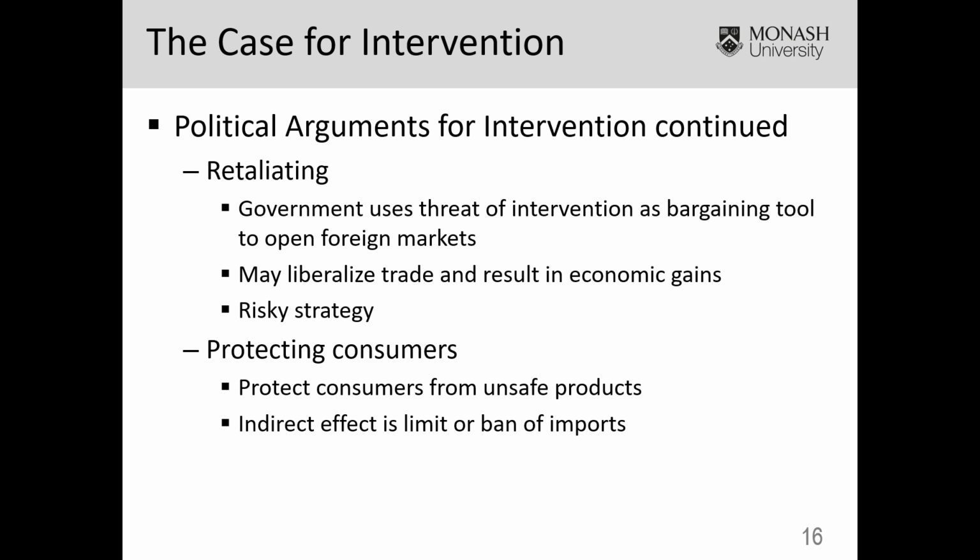It may liberalise trade and result in economic gains, but it's a pretty risky strategy, and frequently there is collateral damage, and the side effects of that collateral damage often outweigh the benefits in real terms. And also, these political interventions are easily got around.